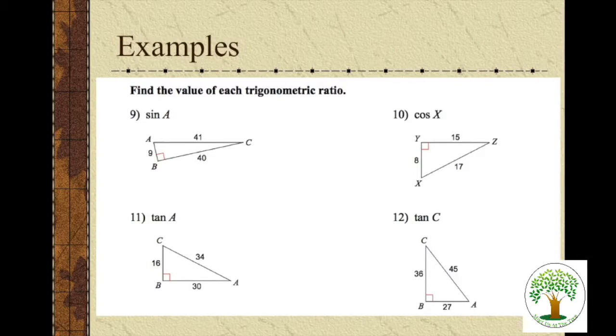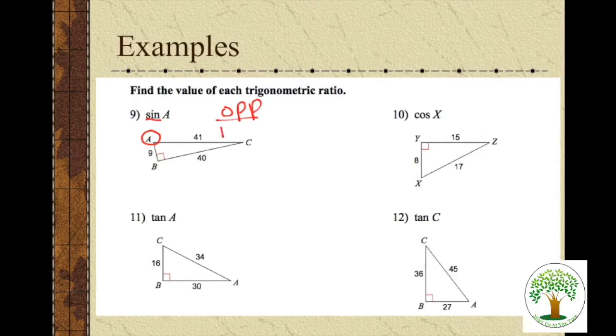So you need to make sure you figure out what angle we're referring to. We're referring to A, okay? So whenever we're doing anything with opposite or adjacent, we're always referring to A. And sine, we have to remember, is opposite over hypotenuse.